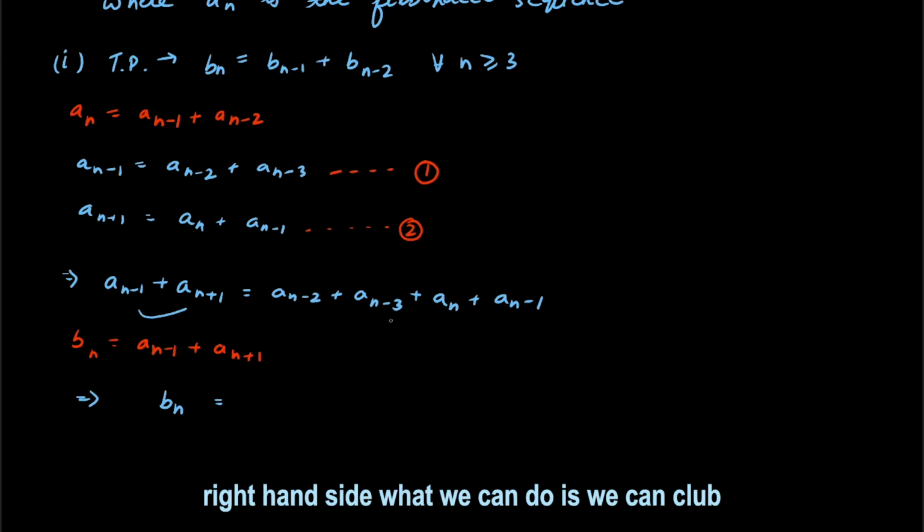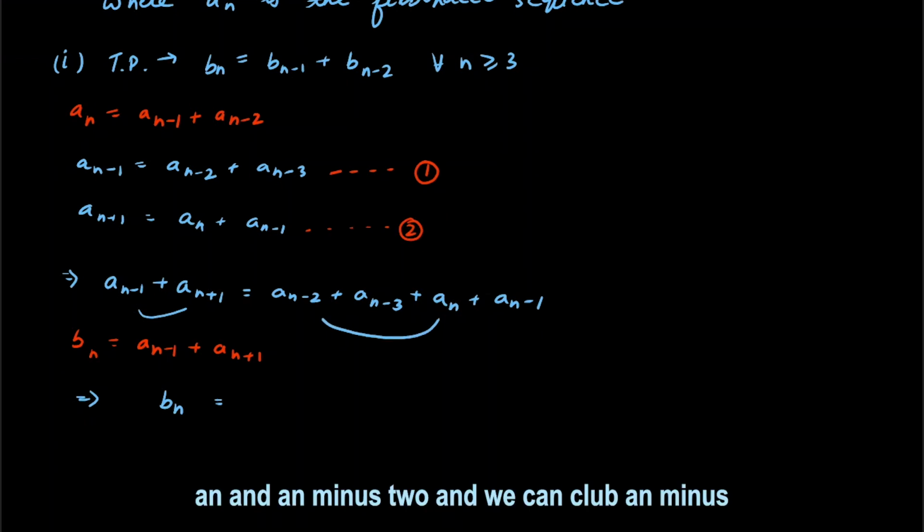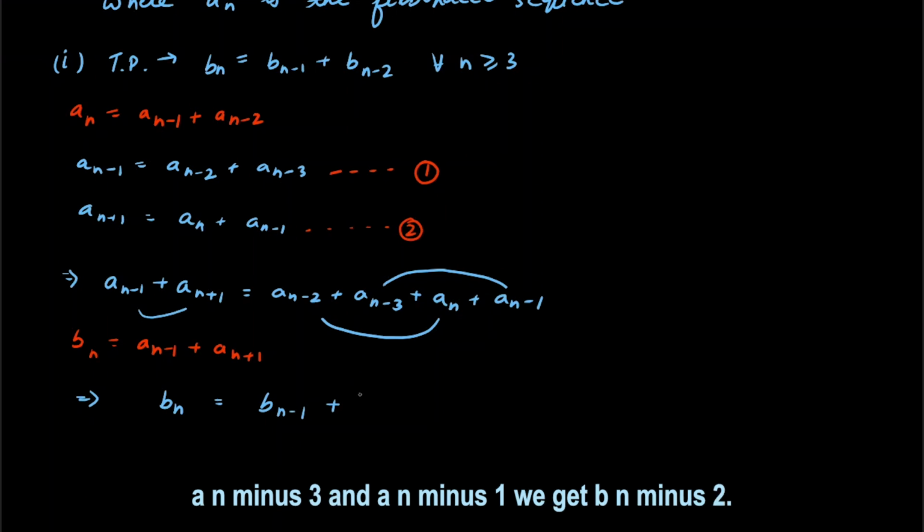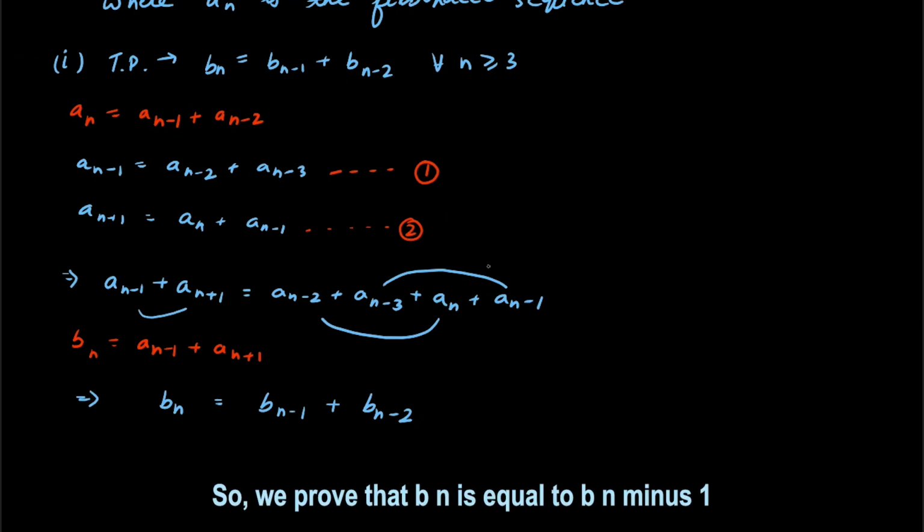And the right hand side, what we can do is we can club An and An minus 2, and we can club An minus 3 and An minus 1. So when we club An and An minus 2, we get Bn minus 1, and when we club An minus 3 and An minus 1, we get Bn minus 2. So we proved that Bn is equal to Bn minus 1 plus Bn minus 2.